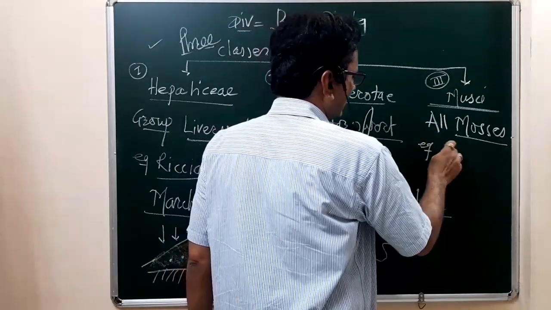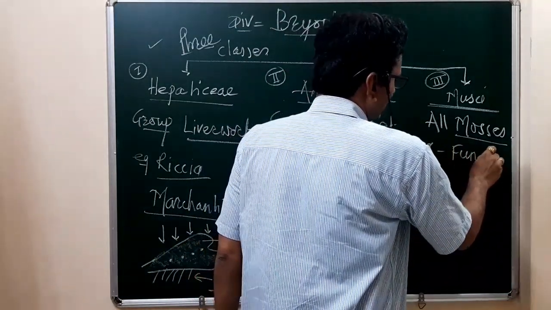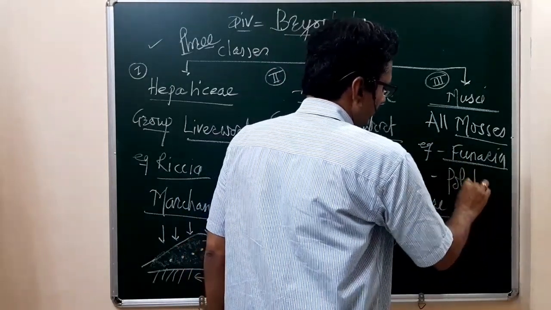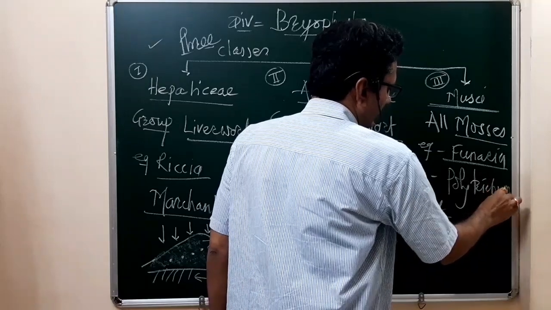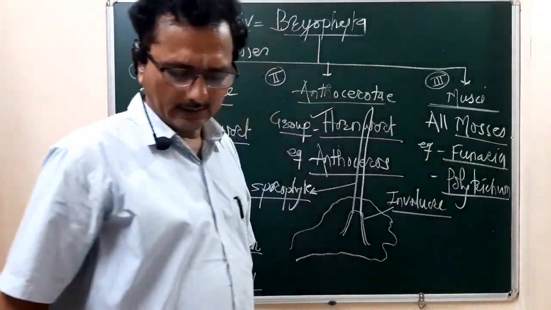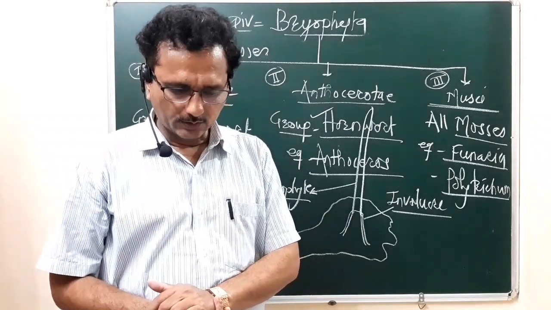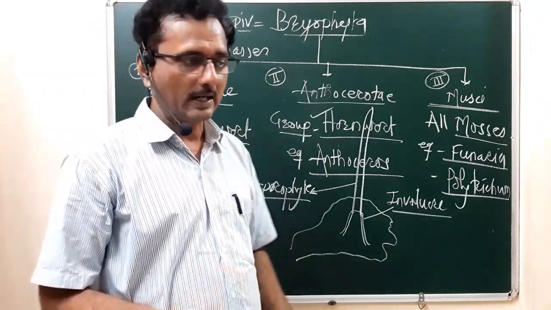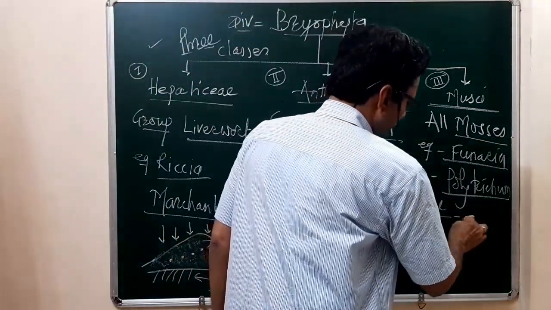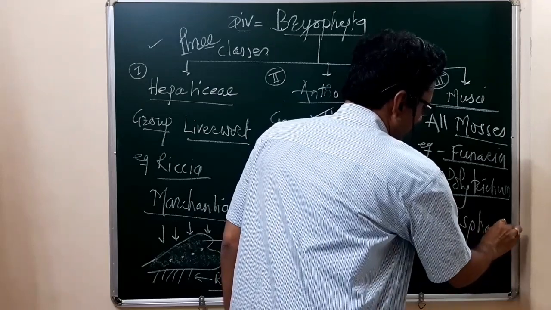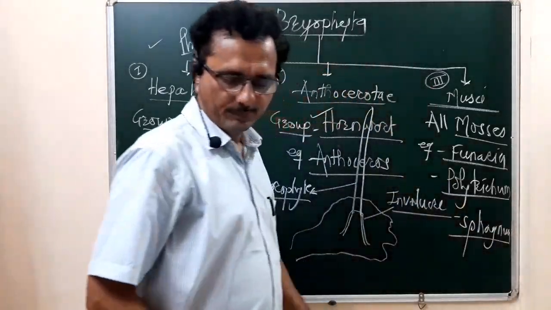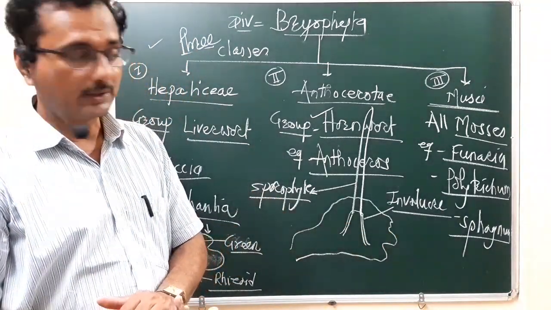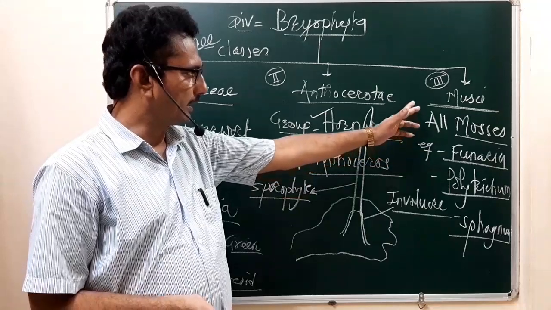The examples are Funaria, then Polytrichum, and also sphagnum moss. So this sphagnum moss is also included under the class Musci.